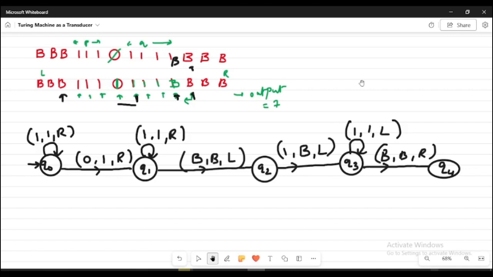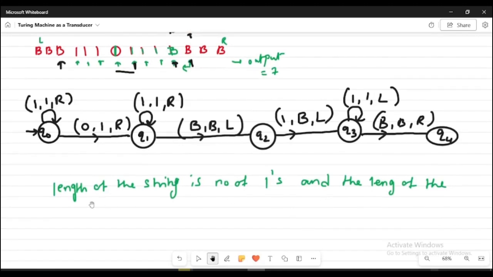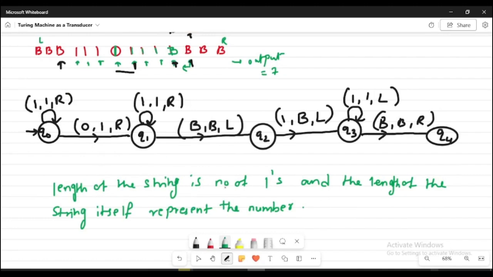I will write here: the length of the string is the number of ones.